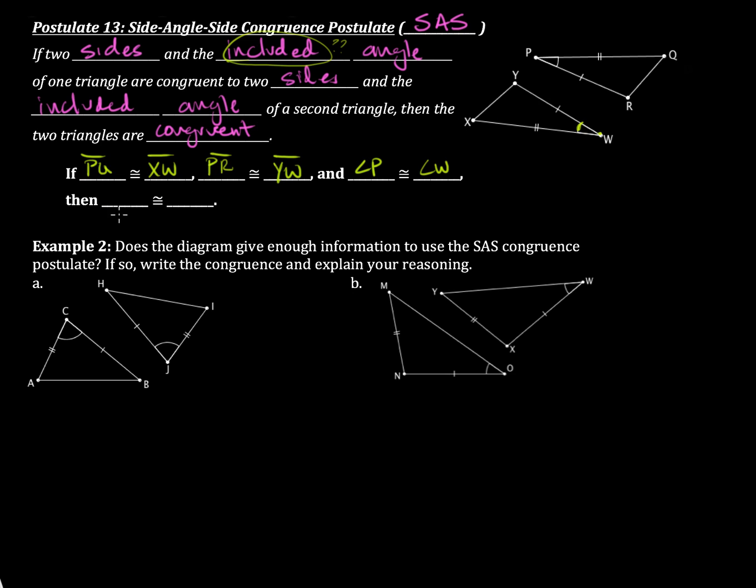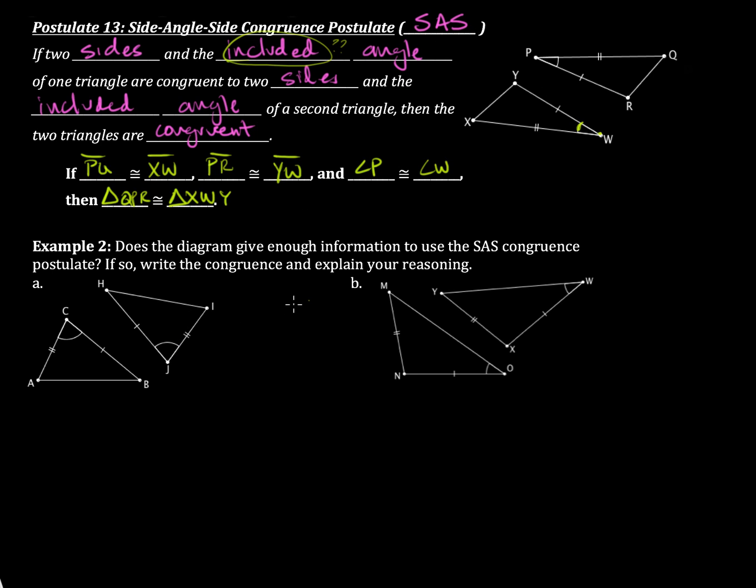So that means by SAS that triangle QPR is congruent to triangle, so in QPR, Q corresponds to X, P corresponds to W, and R corresponds to Y. So that's what would be true about this diagram because of the SAS postulate.